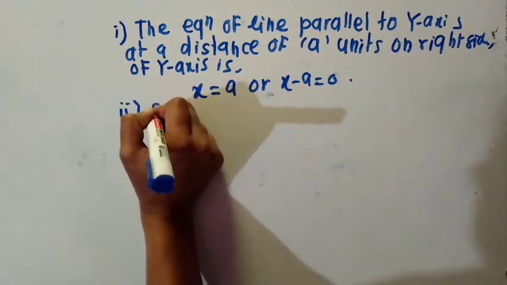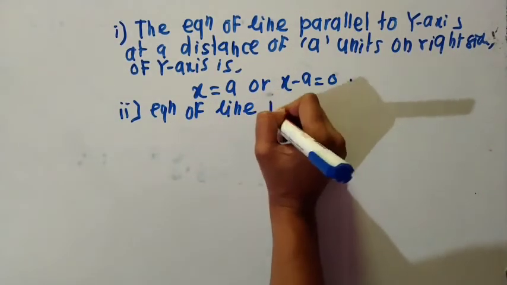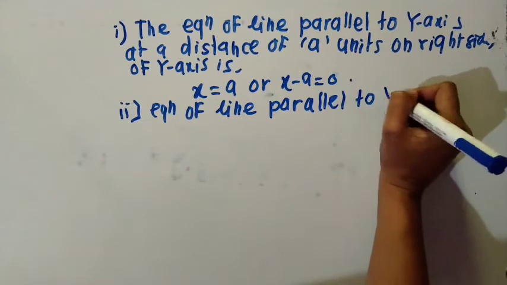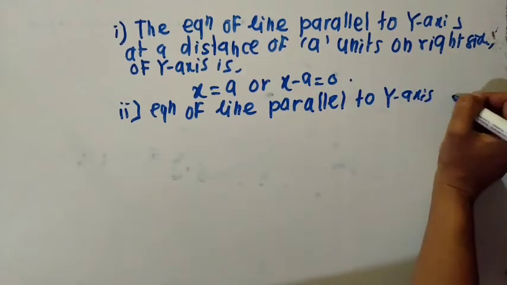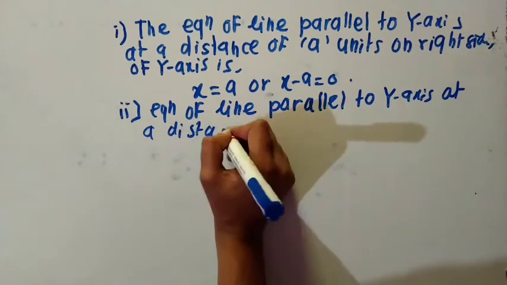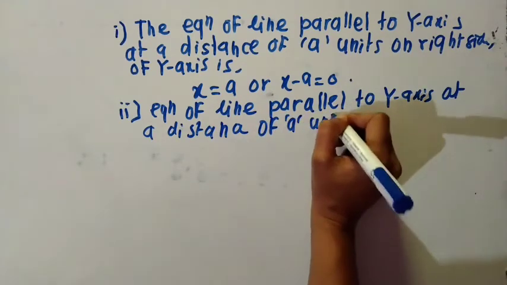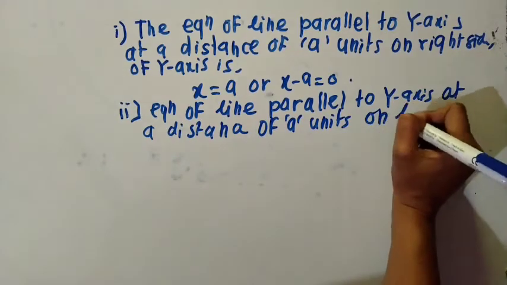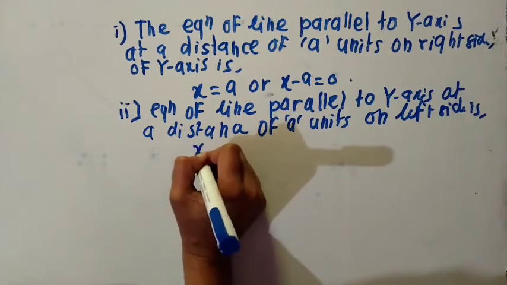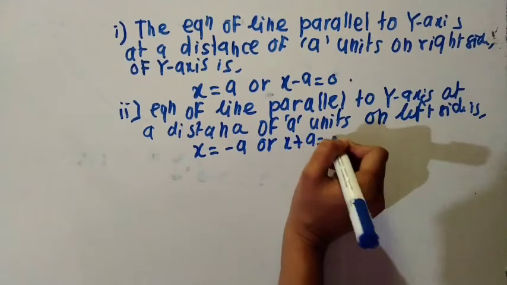And second, equation of line parallel to y-axis at a distance of a units on the left side is x is equal to minus a or x plus a is equal to 0.